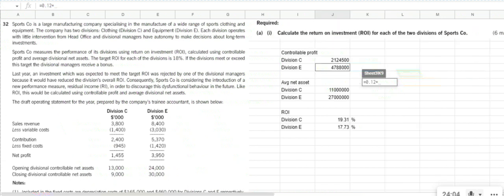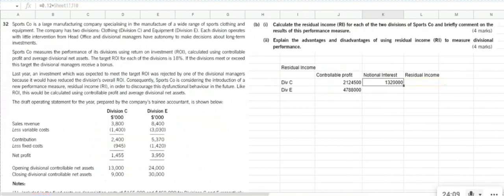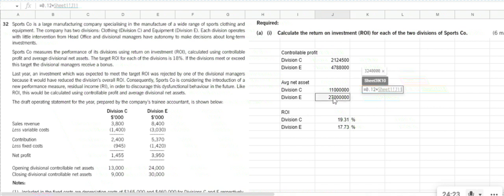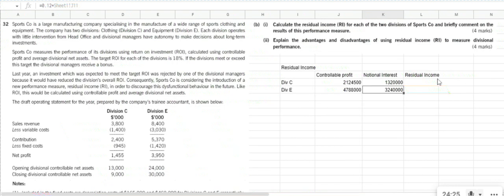My net assets for division C were 110,000. And for division E, once again 0.12 of my net assets for division E, which were this. These are my residual incomes.